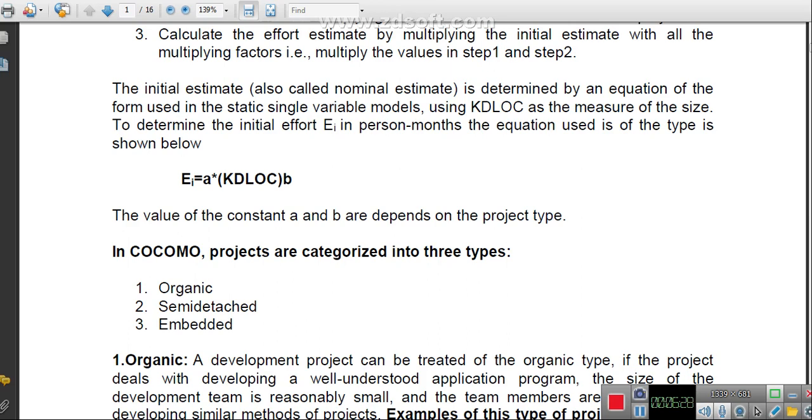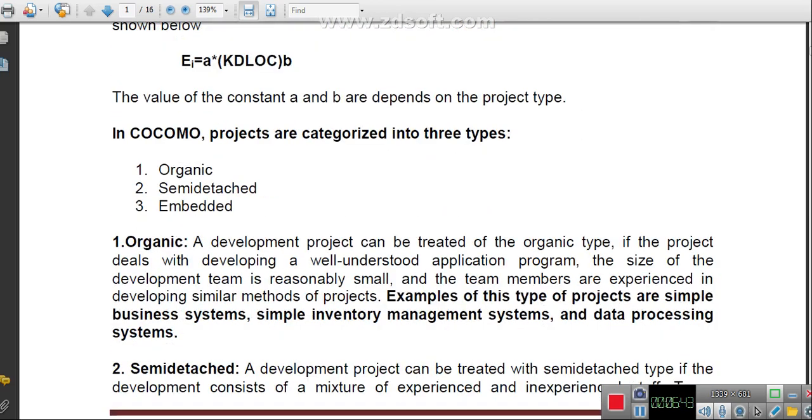The first one is organic, the second one is semi-detached, and the third one is embedded. So for each and every category there is a different equation. For organic you have different constants, you have to put the values of those constants, that is A and B.